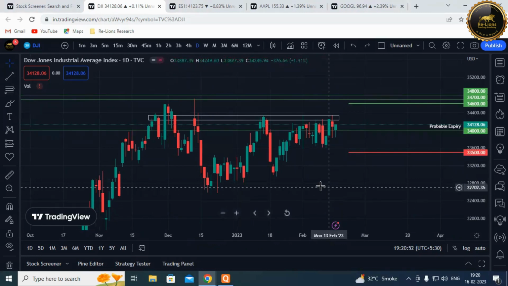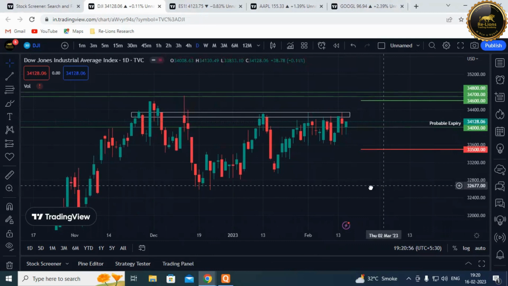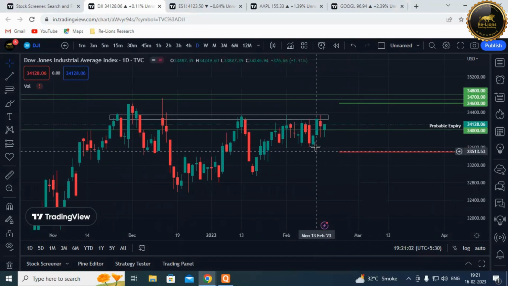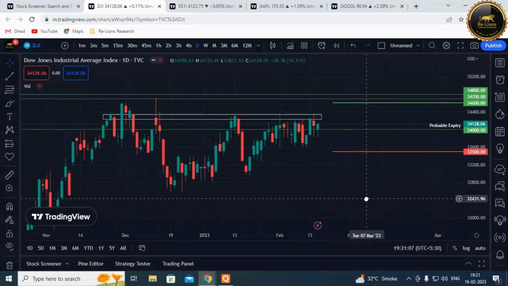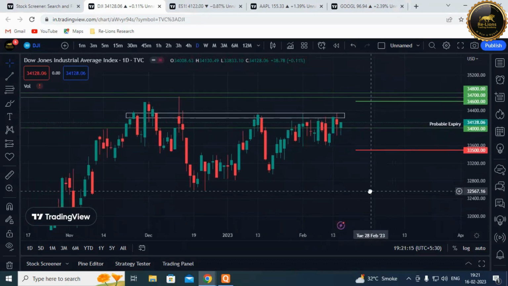As far as today's options data is concerned, it is a bit tricky, but to be honest, I am more bearish than bullish, and I am expecting the markets to come down, because to my surprise there are short positions created as far as options data is concerned.